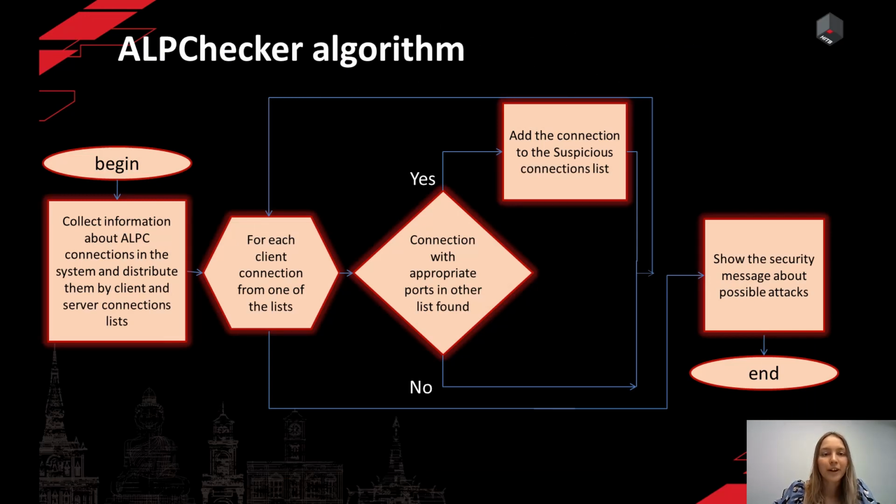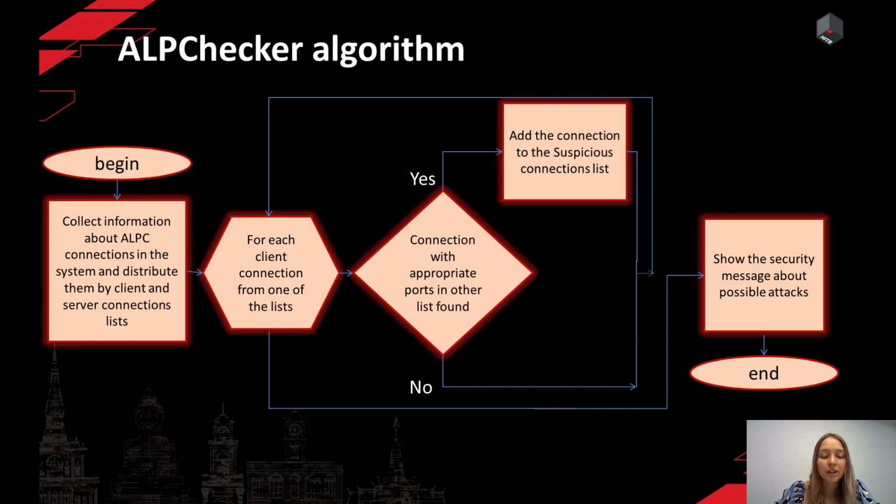So, how does ALPChecker work? Firstly, ALPChecker collects all the information about ALPC connections and ports in the system and distributes them into client and server connection lists. For each connection from this list, we check if there is a connection with the same ALPC ports in the other list.